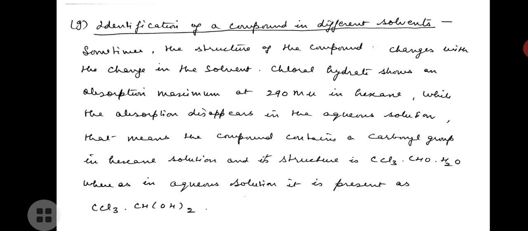So that means the compound contains a carbonyl group, that is aldehyde, in hexane solution, and its structure is CCl3CHO, whereas in aqueous solution it is present as CCl3CH(OH)2.